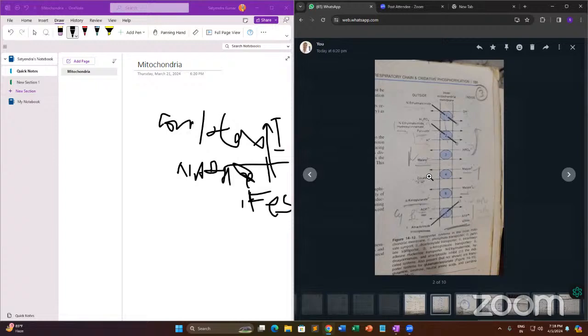Same thing happens with malate and citrate. The citrate contains three carboxylic acid groups, which means it has three negative charges.